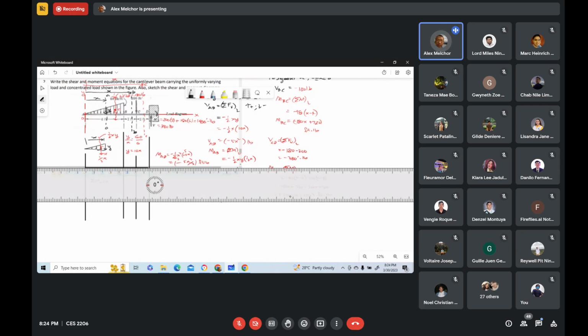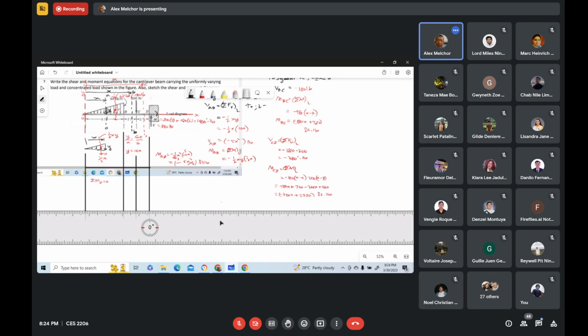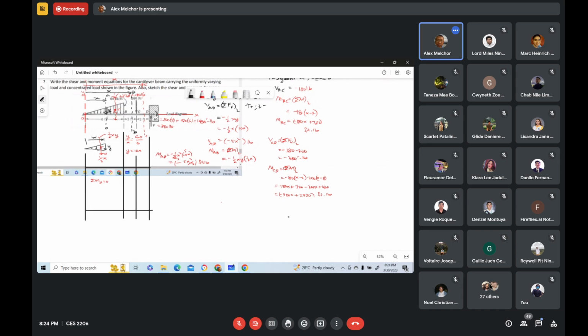So that horizontal line represents zero magnitude for shear. So you write here 0, and then you write here shear diagram.